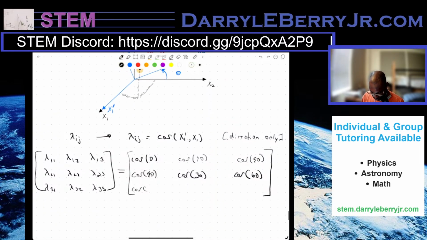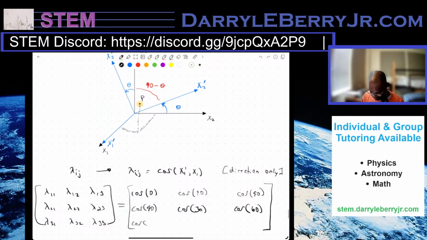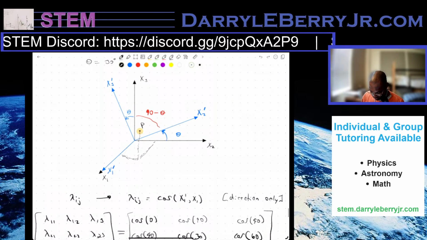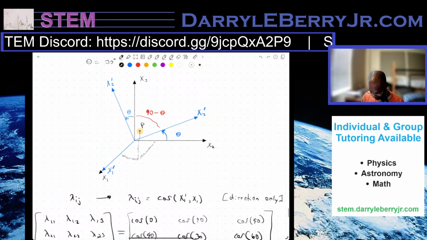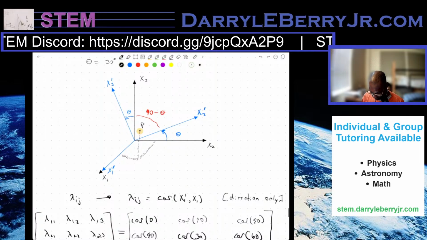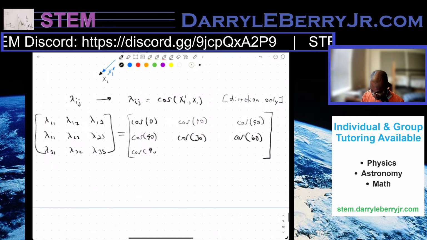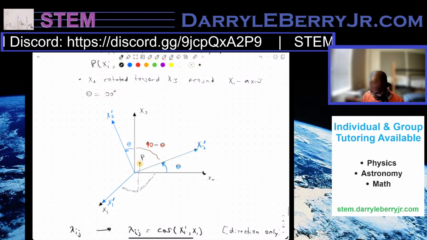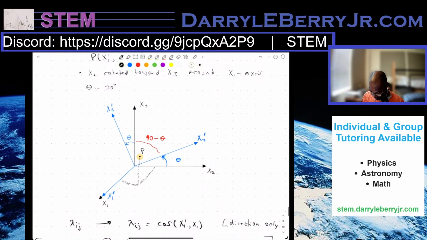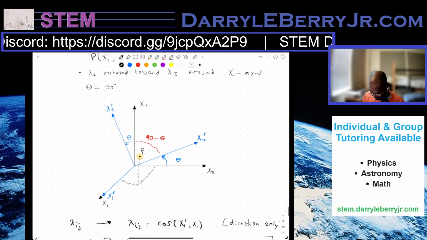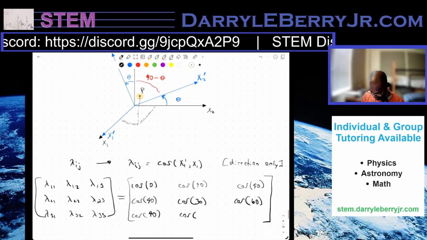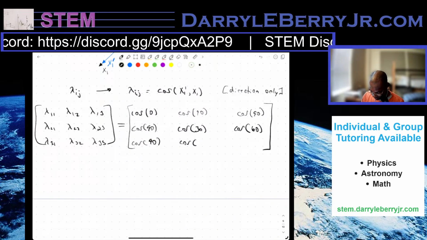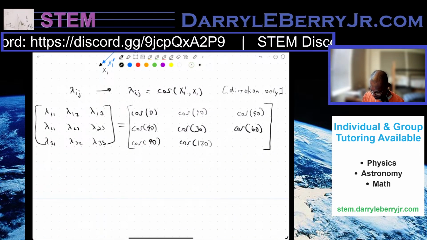Cosine x3 prime and x1, 90. Cosine x3 prime and x2, that'd be 90 plus theta, that's 120.